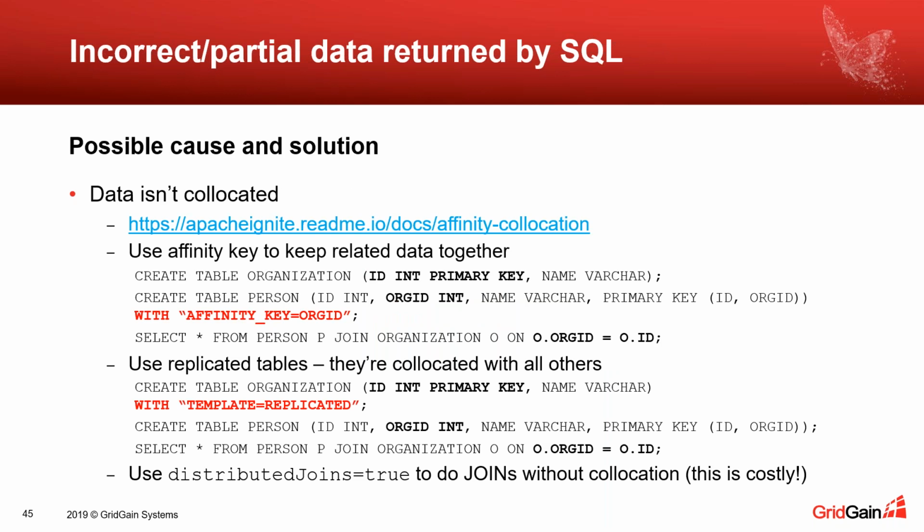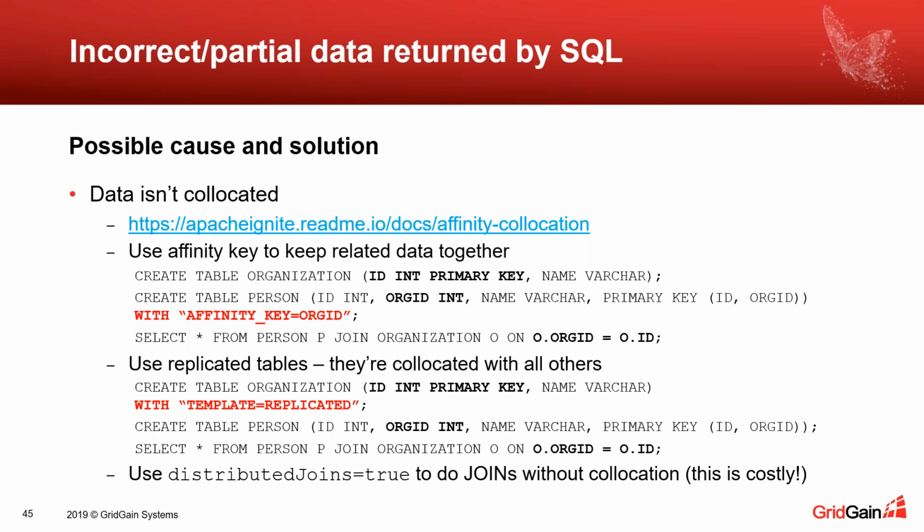It usually happens because your data is not collocated. I will not go over affinity collocation in much detail, because we need to speed up a bit, unfortunately. But basically it means that your SQL queries are executed on each of the nodes separately, and then the data is just concatenated together on the client node, the node that made the request.